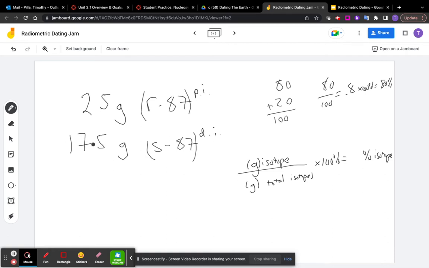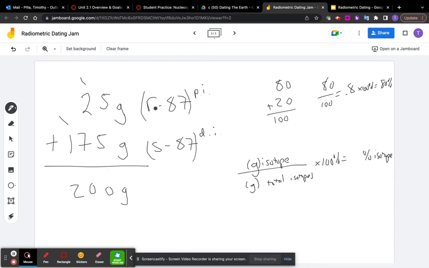At one time, all of these grams were rubidium. So how much was there altogether in the beginning? Let's add it. 200 grams total. Interesting. So there were 200 grams of rubidium when this all started.